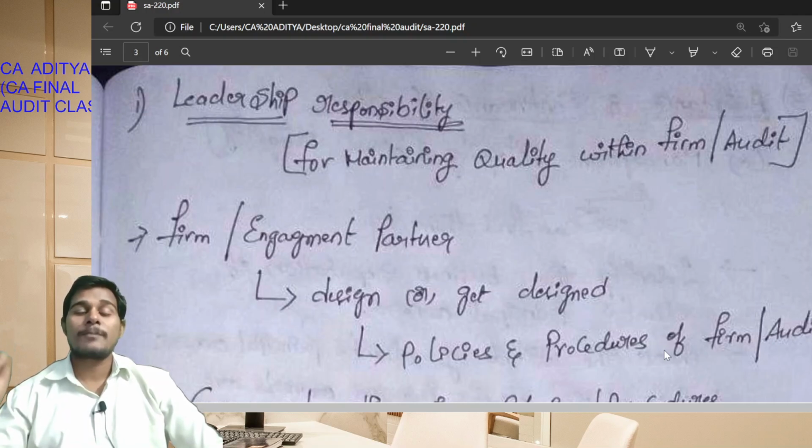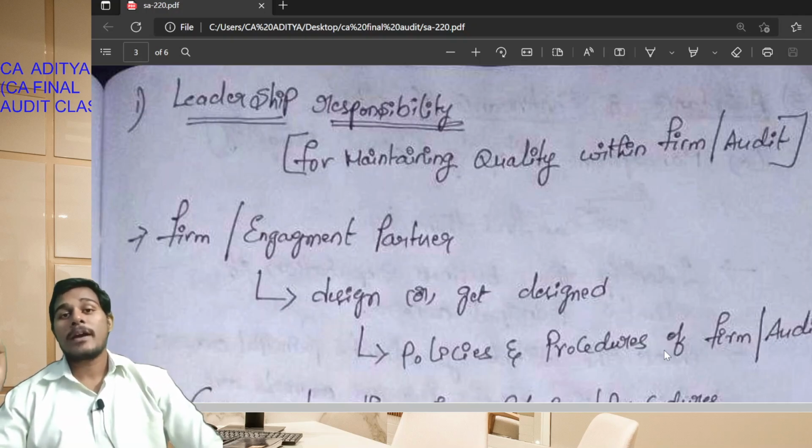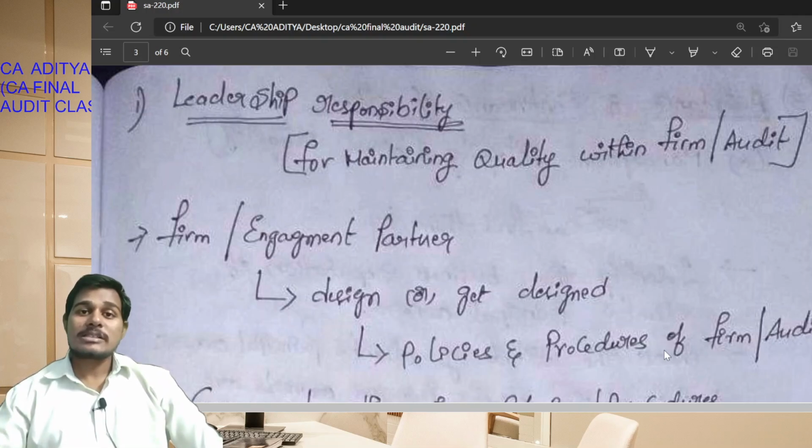For this purpose, the firm, that is the overall members in the firm, or the engagement partner in the case of SA 220, has to design or get designed policies and procedures for maintaining quality within the firm or in the case of an audit.